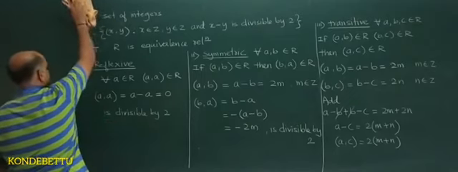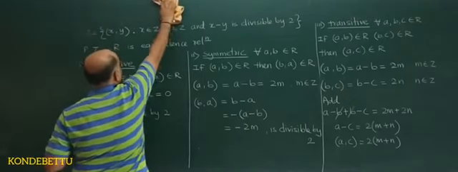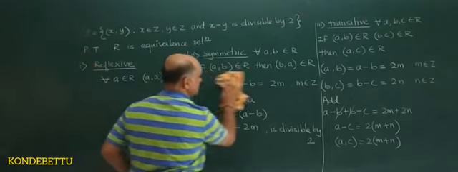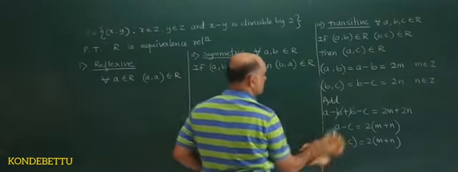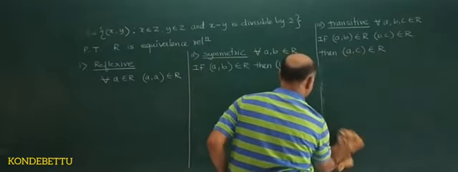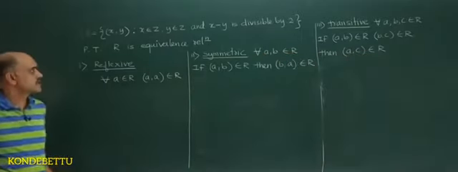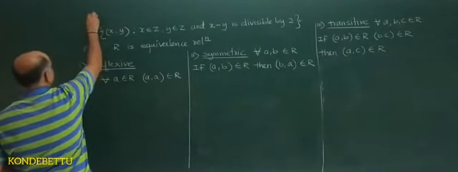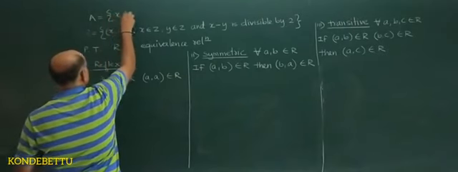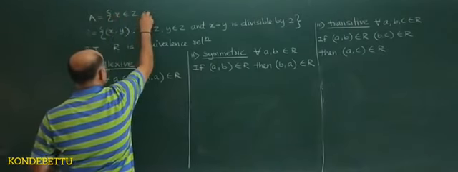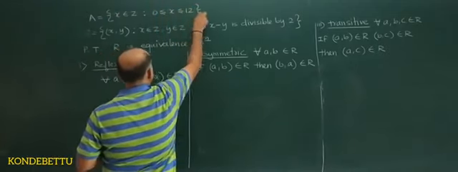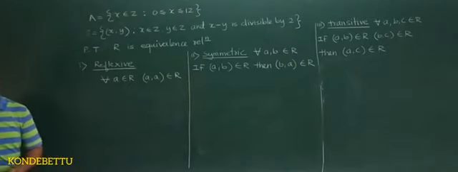So he has given a is equal to, and you are required to prove this. So third one, set A he has given, A is equal to x belongs to z, where x is in between 0 to 12.